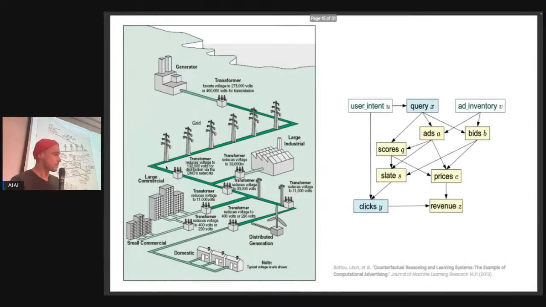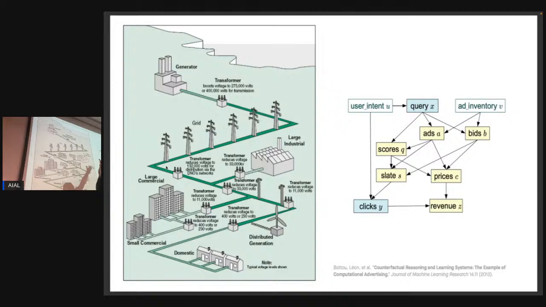So for example, again, Microsoft Bing. This is an example of a causal DAG, or let's say just a DAG, directed acyclic graph, or just a bunch of squares with arrows that shows how different parts of their product influence one another, or at least what they think. So this is a search engine, or specifically an auction for ads as a result of user search.